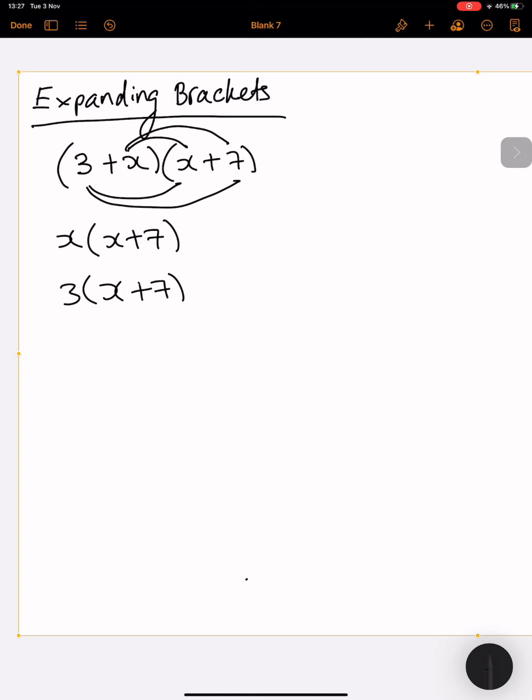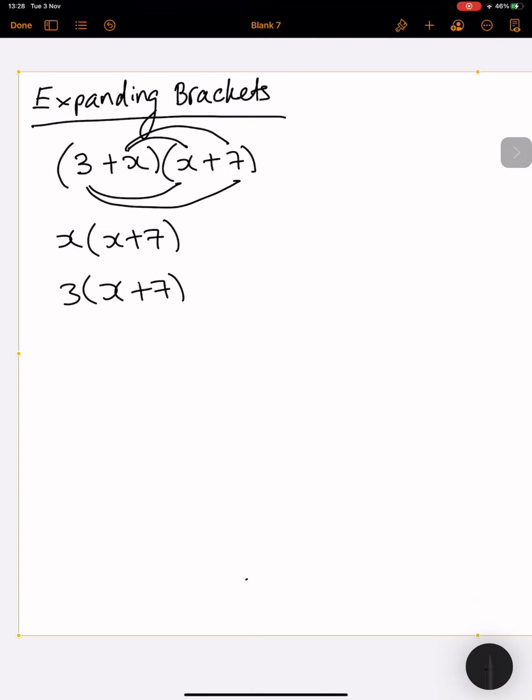So if it makes it easier for you, you could write it out like this, but try and do it that way, because it can get more complex as it gets more brackets, because you can have a triple bracket or a quadruple bracket later on in maths.